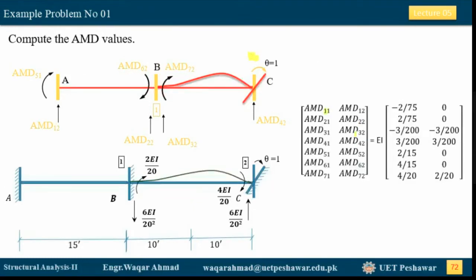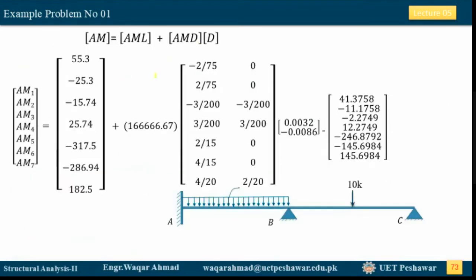Okay, so now these are the values of the AMD matrix. I'll put the values of these matrices here in this equation. This is the AML matrix, this is the EI value, this is the AMD matrix, and this is the D matrix. If you remember, in the first part of this problem we calculated this matrix. Now when you solve these matrices, you get these values as the member inductions.